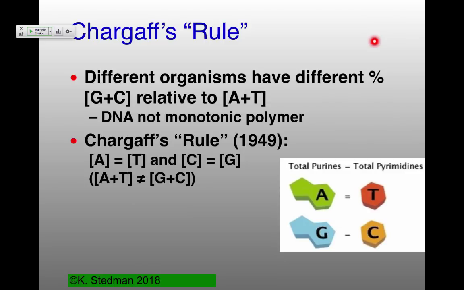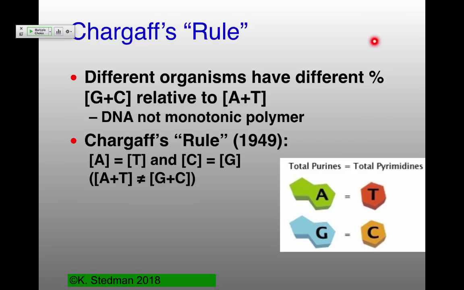But A's and T's had almost the same concentration, and C's and G's had almost the same concentrations. And if you go back and look at his papers, you'll see that it's not quite one, but very close. And the real key to this is that in some cases, A's and T's were not the same as G's and C's, and this all came from the studies of different bacteria.